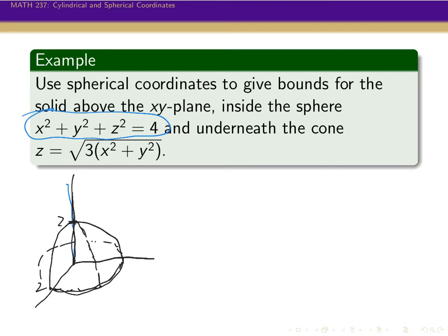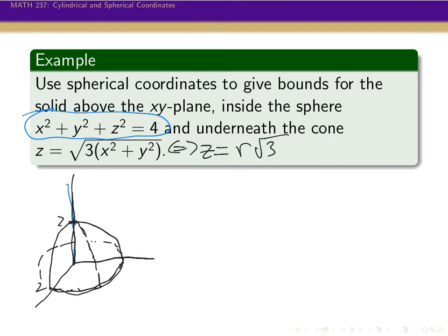Okay. Now this cone, z is equal to square root of 3 times x squared plus y squared. It actually might be helpful to see what this cone looks like. We can use the fact that x squared plus y squared equals r squared. We can see that this is really z is equal to r times square root of 3.